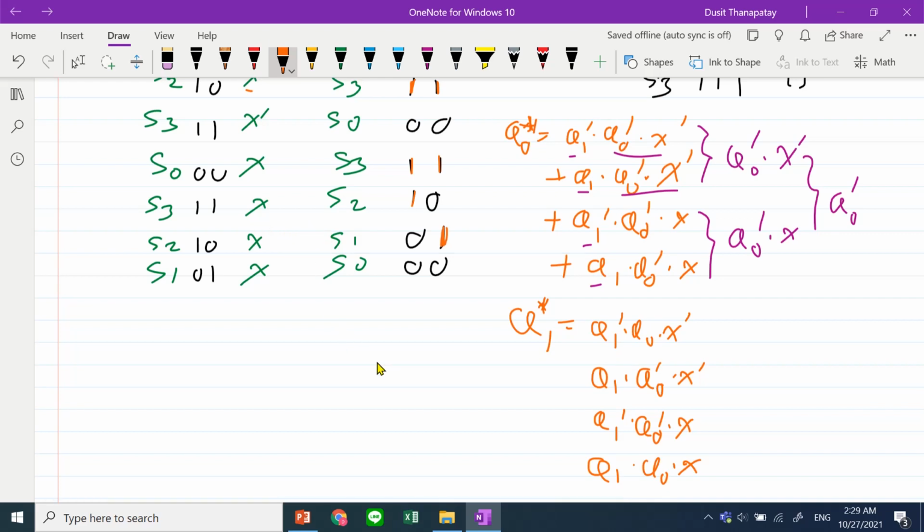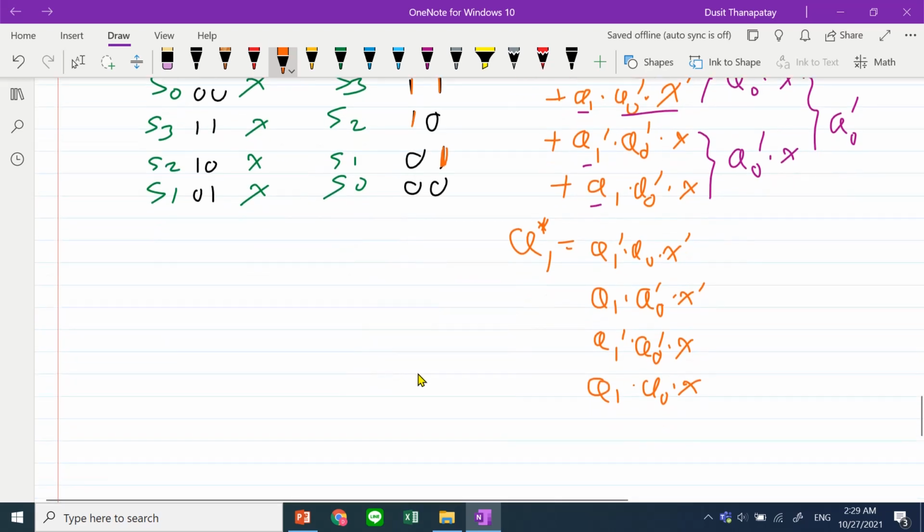Then now, just combine these four product terms together, and try to reduce the number of variables and product terms.